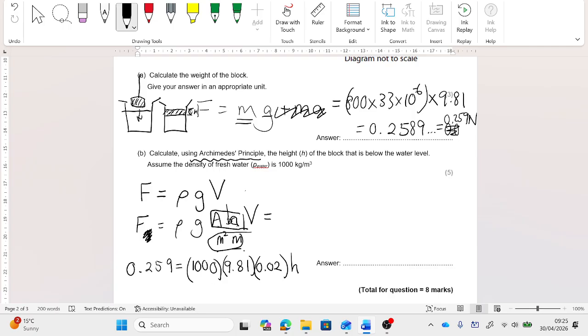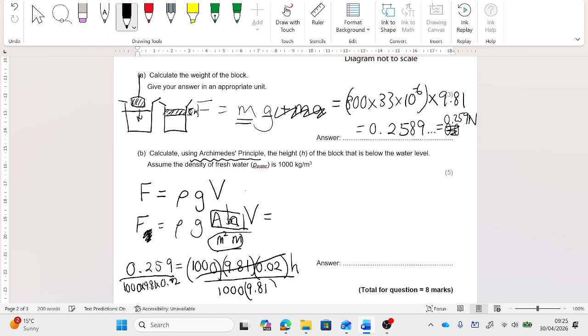Well, all of these are multiplying by h, so to get rid of those numbers, you just divide by those numbers: 9.81 and times 0.02, because you divide both sides. So that will cancel out on this side because you're also dividing by the same, isn't it?